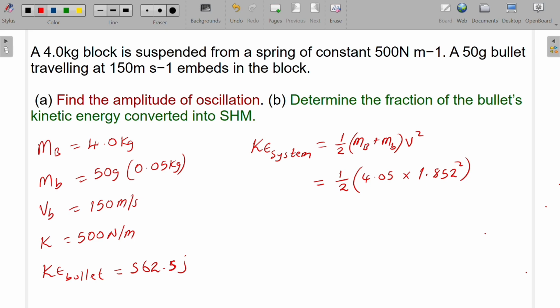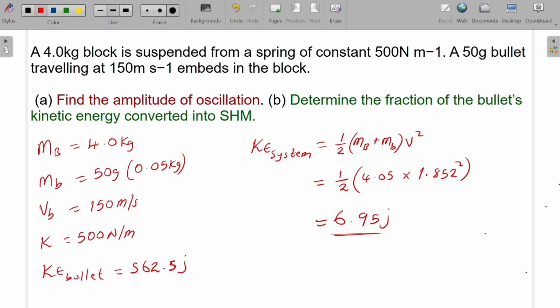All right, so this is giving me 6.995. So it is giving me 6.95 to 2 decimal places. So this is the kinetic energy of the system.